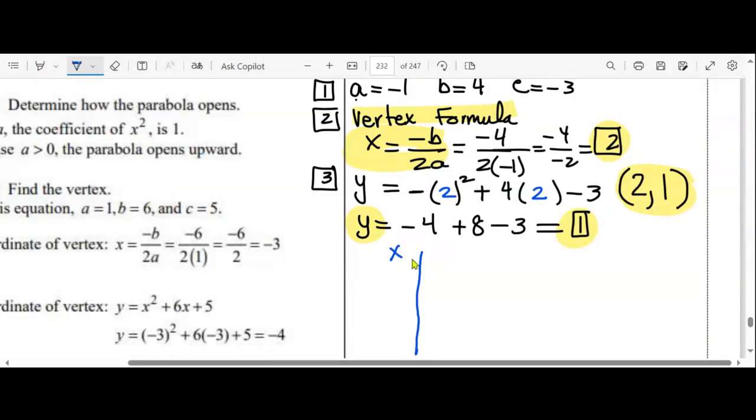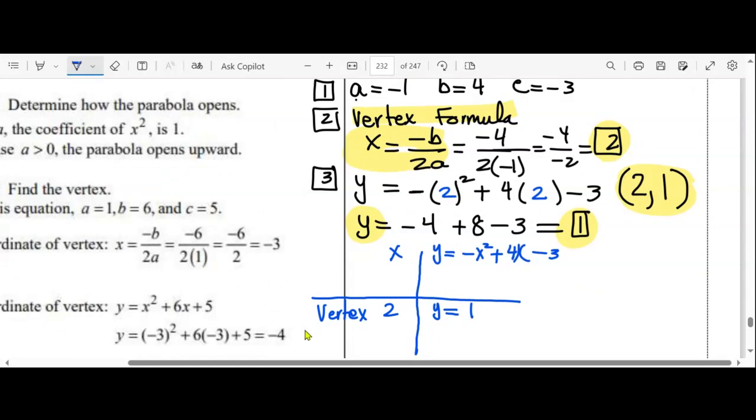Make the table x, and here y equal what? Negative x squared plus 4x minus 3. The vertex point here, what is the vertex? It's 2, right? So y equal 1, correct? That's the vertex.